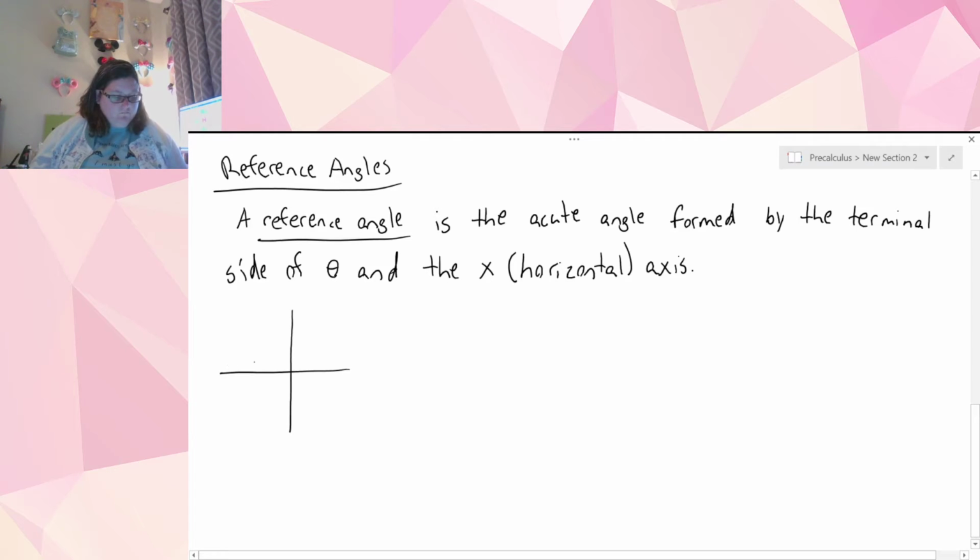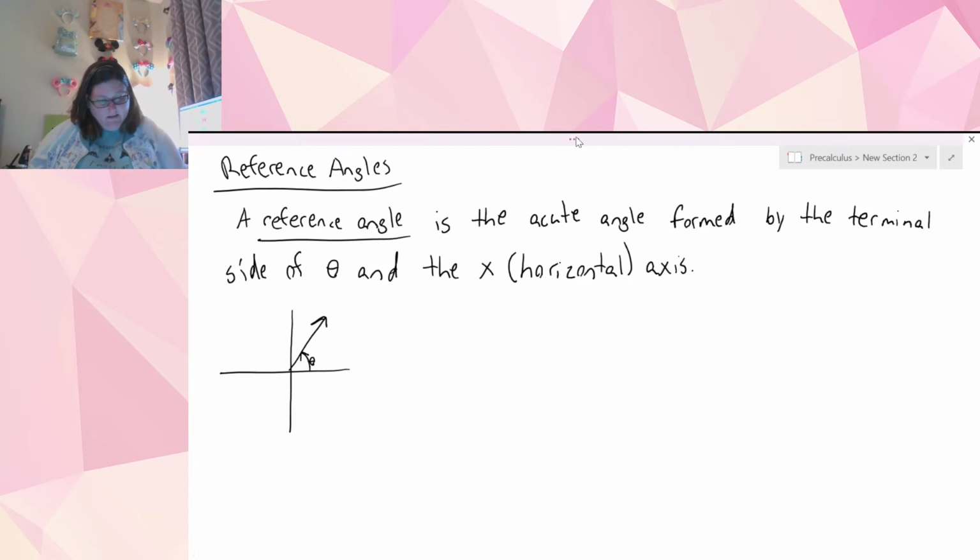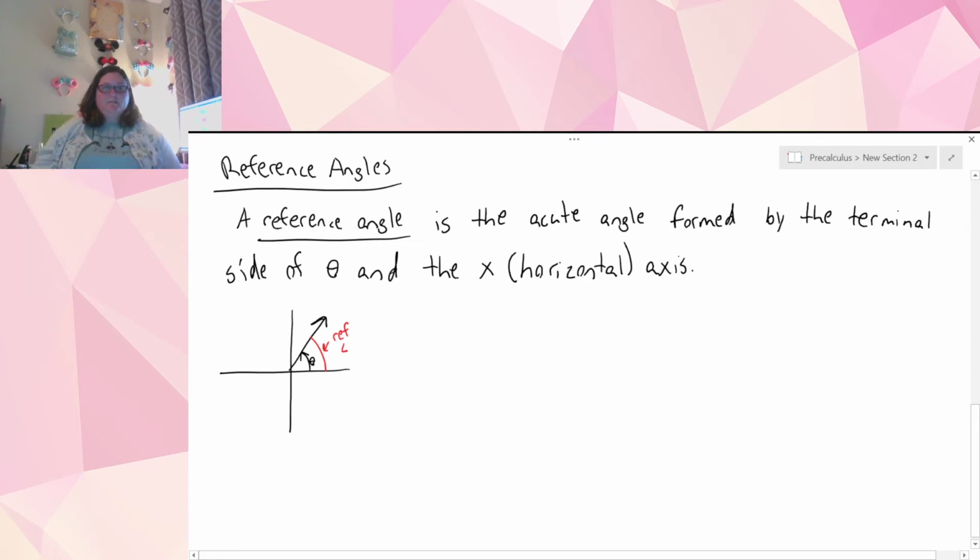So if my angle is in this first quadrant, this is angle theta, then my reference angle, I'm going to write in red, is that same angle. Okay, so this is my reference angle, the red line. And I'm going to use a symbol for angle there, so reference angle.